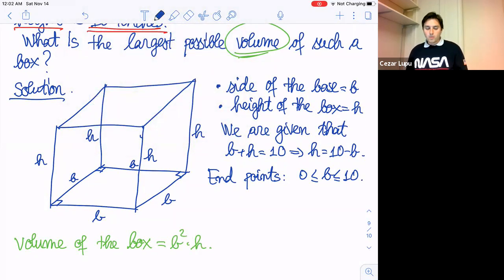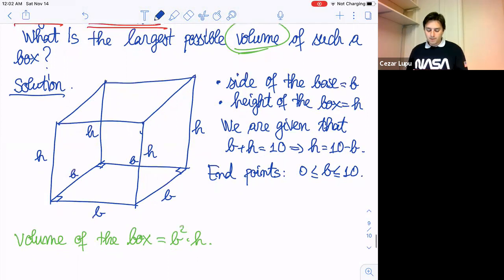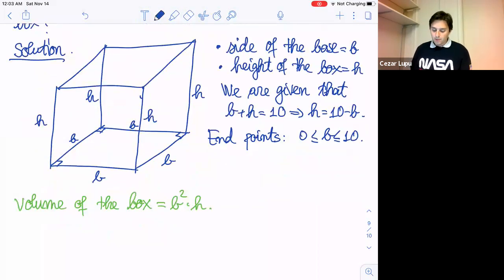In other words, we need to find this function V, which is the volume of the box, and as you can see, it's B squared times H, but I want to have this as a one variable function.